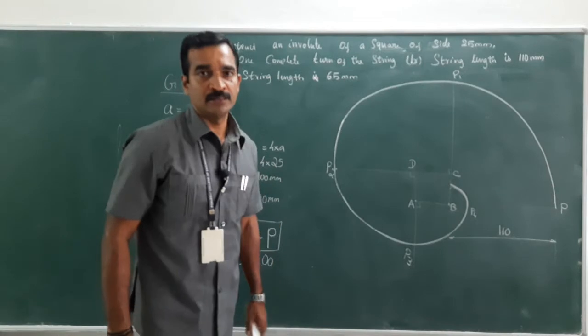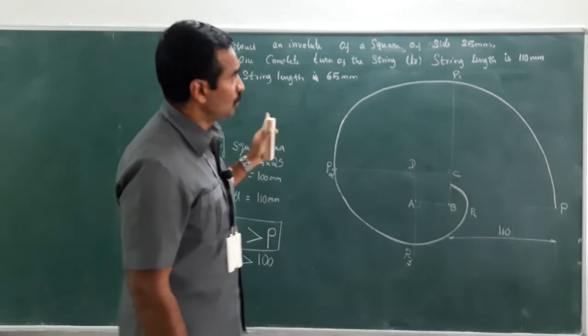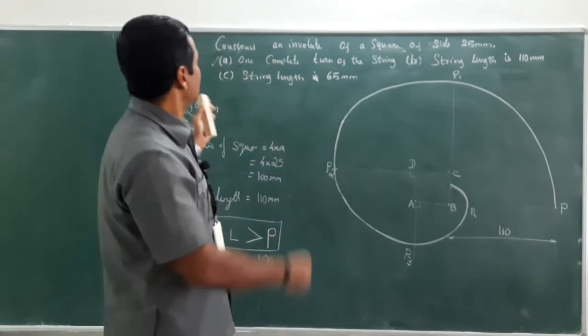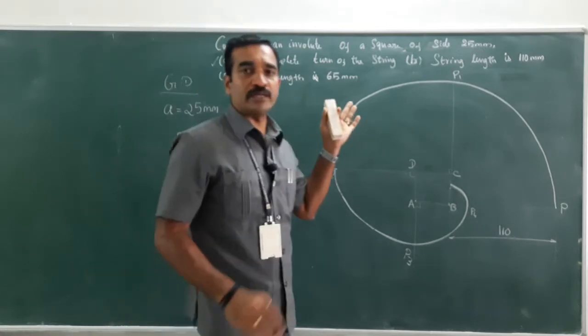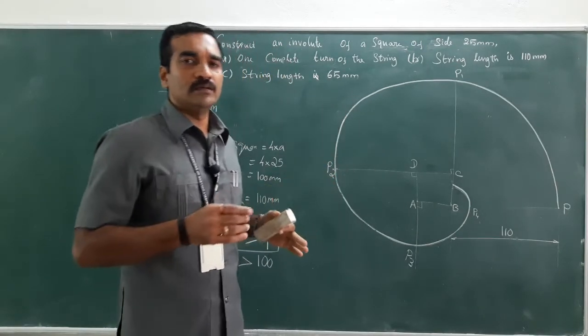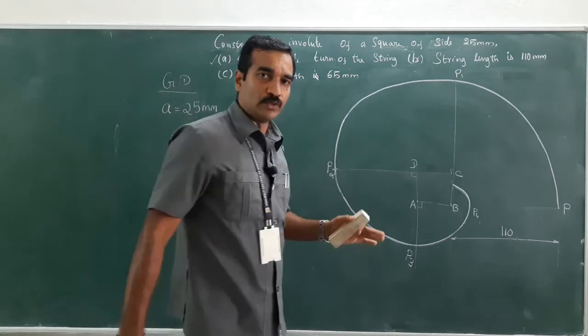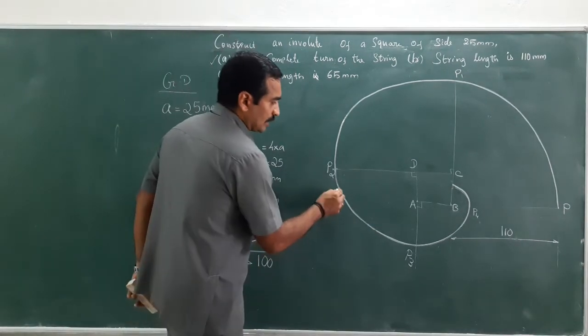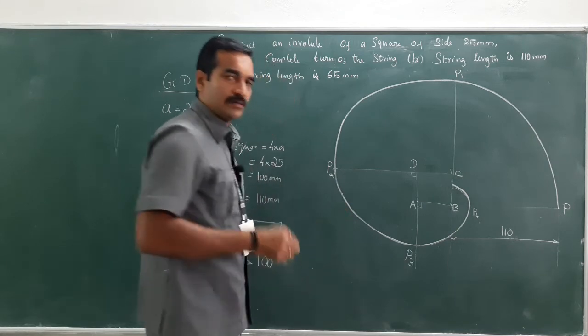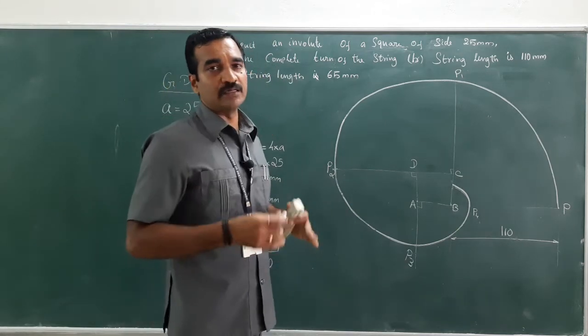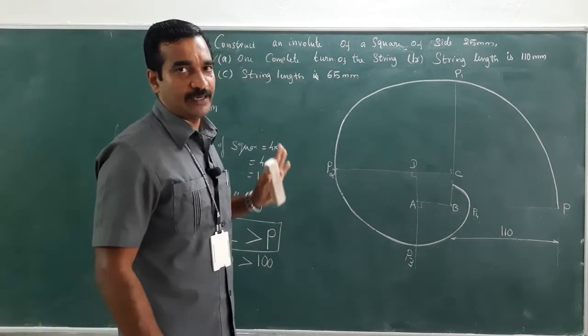What is next? Here as such the question doesn't say to draw the normal and tangent, but it's our duty to do it, right? So I choose a point somewhere here. I am going to draw the tangent and normal at any point on the profile.